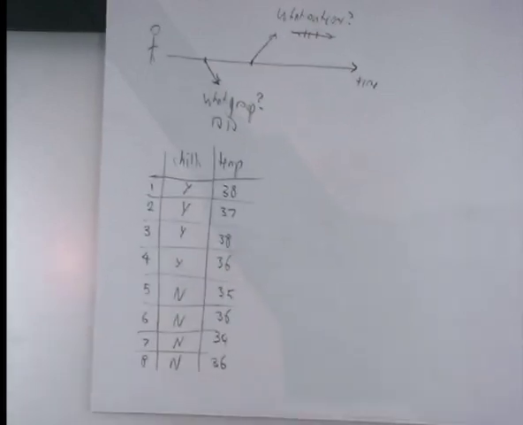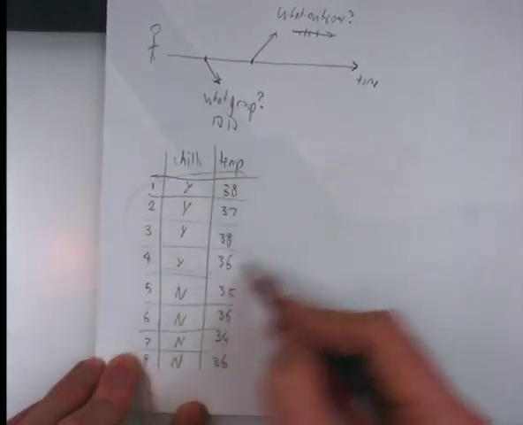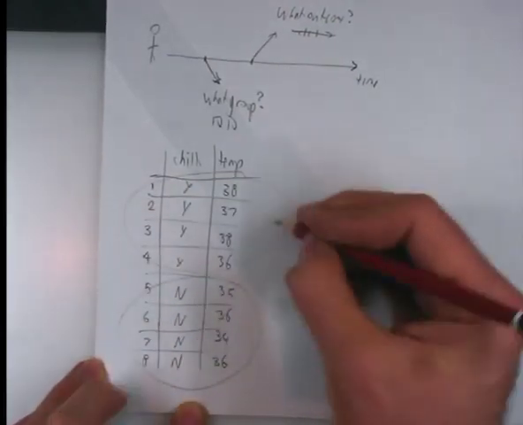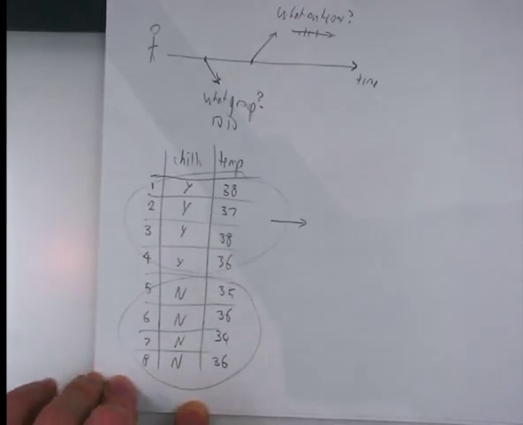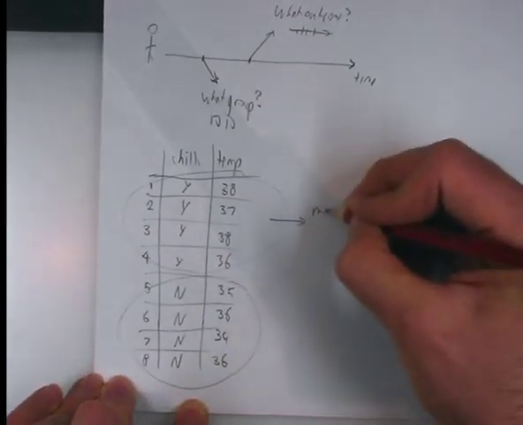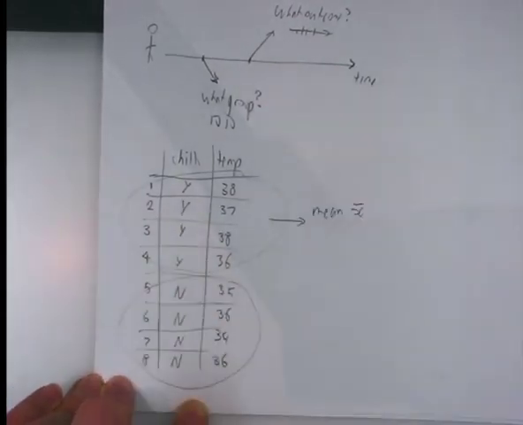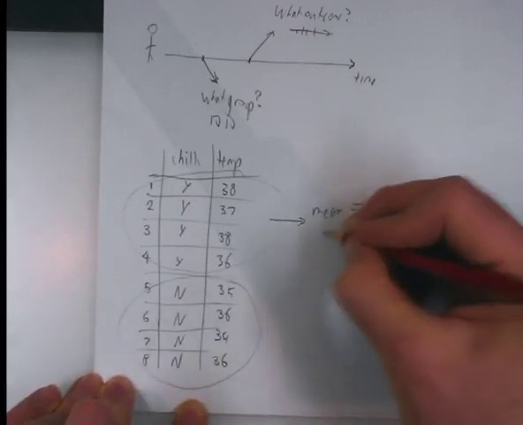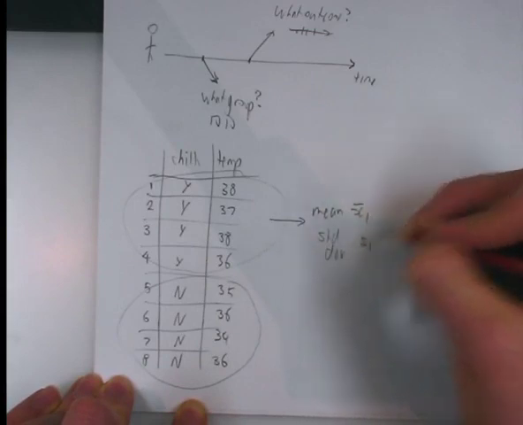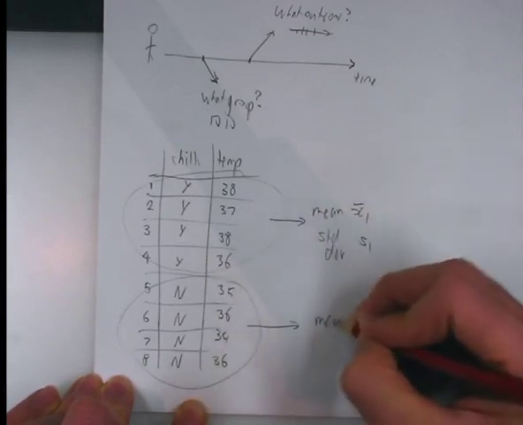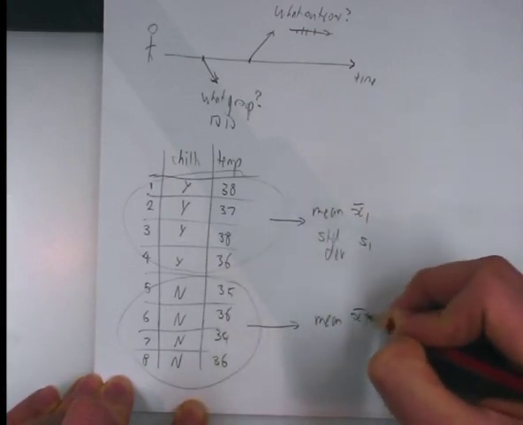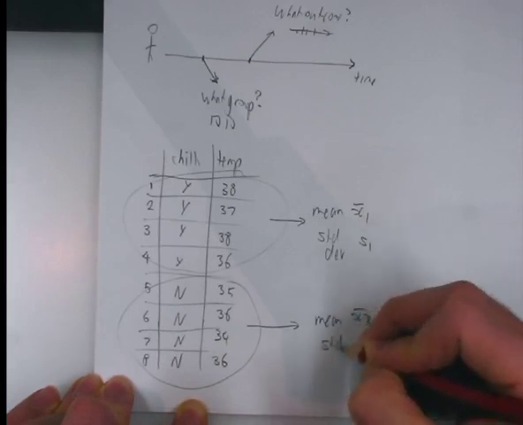And the way that the test works is that you take each group and you calculate a mean and a standard deviation. They call the mean X bar or Y bar, and then the standard deviation. And this group will have a mean and a standard deviation.